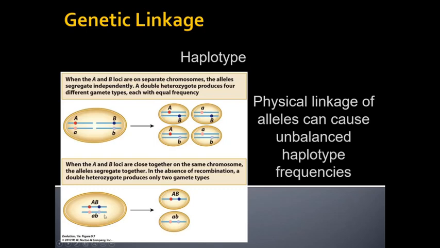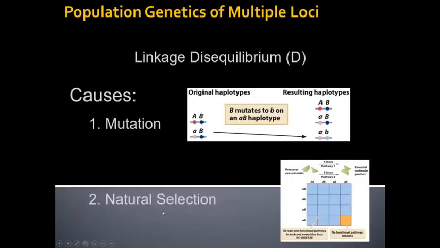But if we have those on the same chromosome, so the dominant alleles are on one chromosome and the recessive alleles on the other, they're always going to be inherited together unless we have crossing over. And with crossing over, we get this imbalance in these nice predictable frequencies that Mendel saw. We call this imbalance linkage disequilibrium. Now, we're not going to measure this or predict it quantitatively, but you just need to understand it.